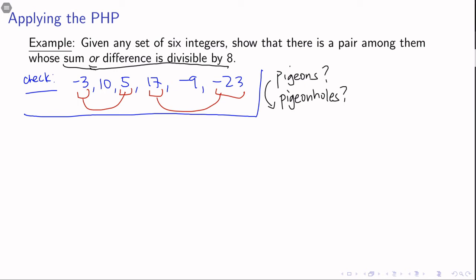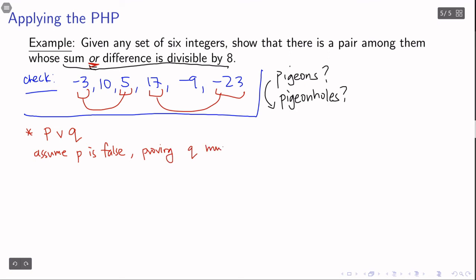Now here's a little tip. Whenever you're asked to prove an or statement, right? So in general, say you were asked to prove the statement P or Q were true. Well, one way you could do that was by assuming P is false, then proving that in that case, Q must be true.